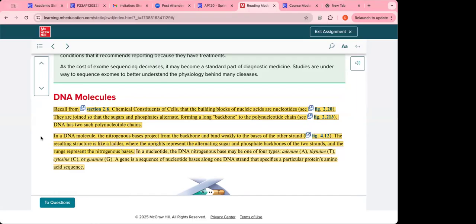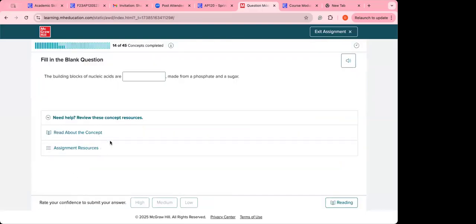So it's this second word here, nucleotides. They are joined so that the sugars and phosphates alternate.